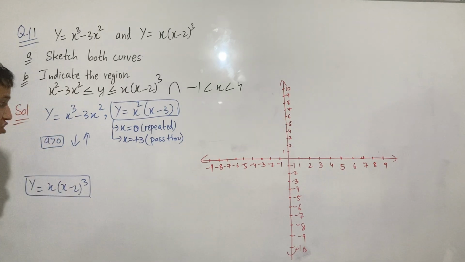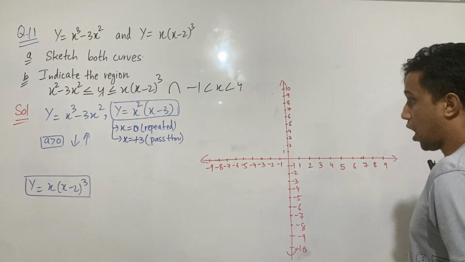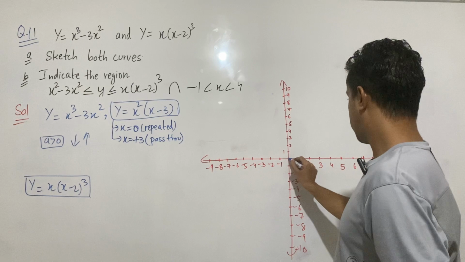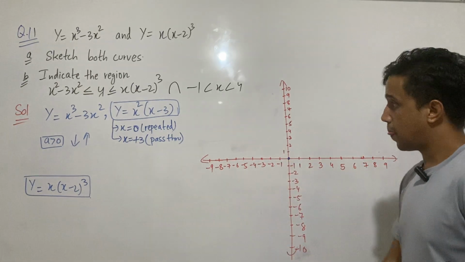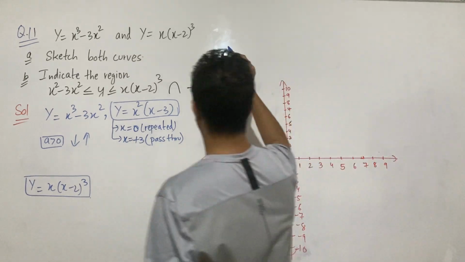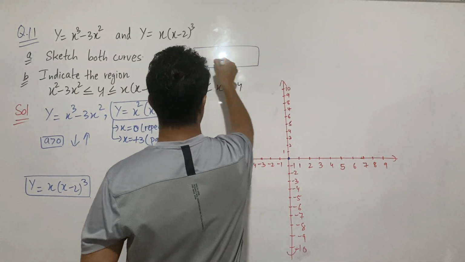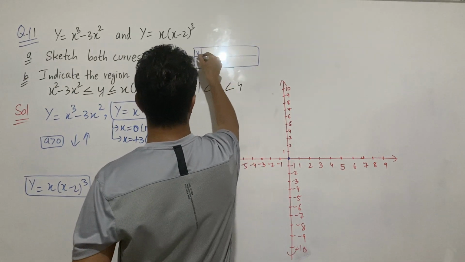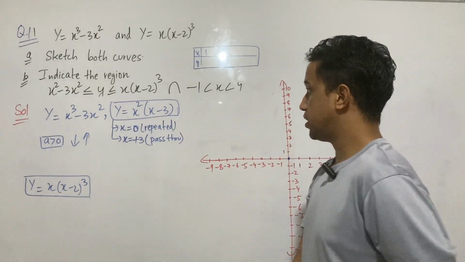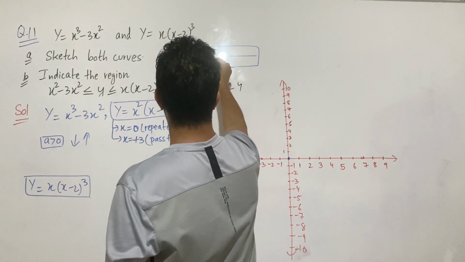All right, so let's do the graph for this. Here x is 0, y is 0, this point. Now for x equals 1, y is going to be minus 2, right? 1 minus 3 is minus 2.